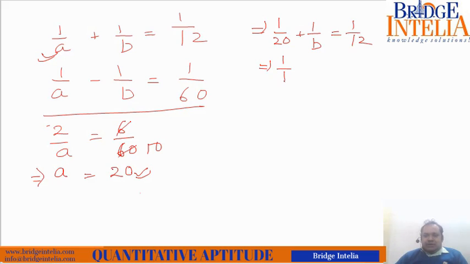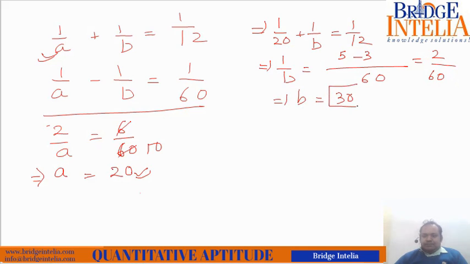From here 1 by B is equal to, taking 60 as common, 5 minus 3, so 2 by 60. So B is equal to 30. So the ages are 20 and 30: A is equal to 20, B is equal to 30.